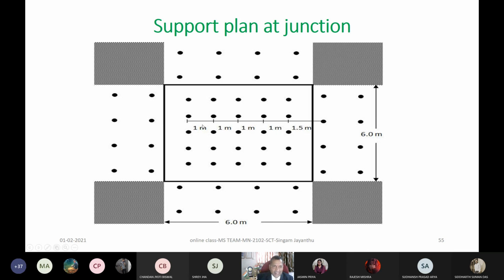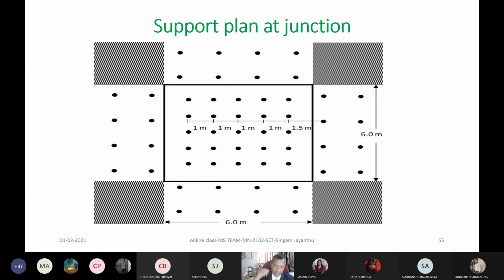Here it is 1 meter by 1 meter. In that 1 square meter, the support provided is 10 tons. So 10 tons per square meter is the support resistance provided when it is designed like this. And then when I am keeping 1.5 meters, just imagine 1.5 by 1.5, that is around 2.25 square meters, whatever.